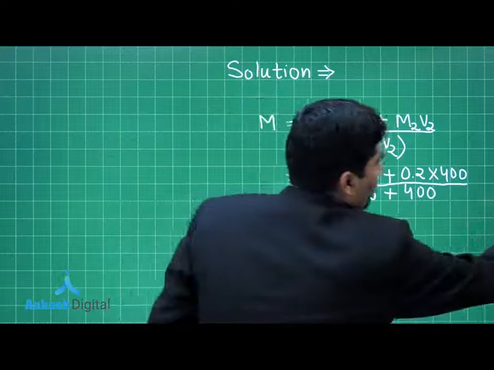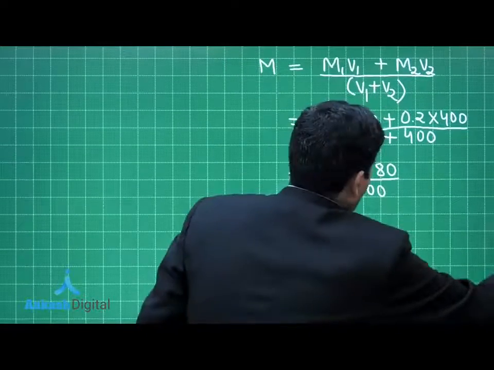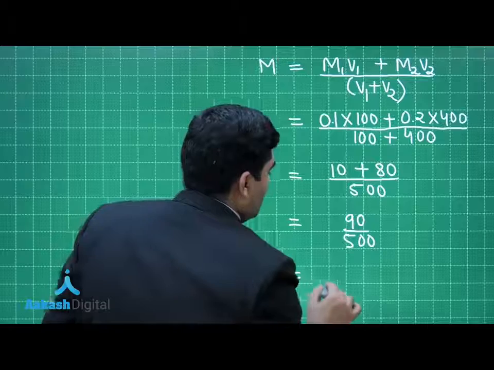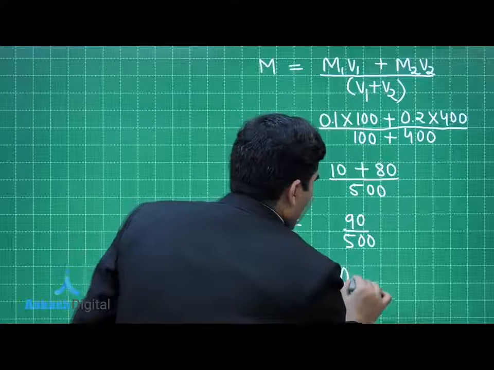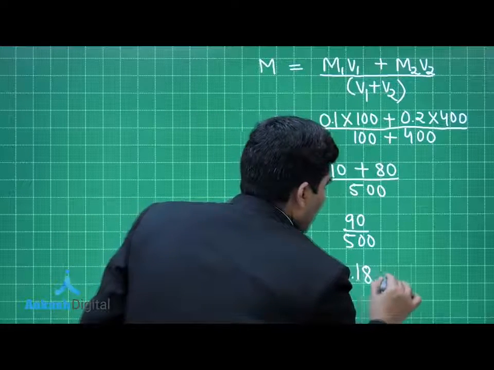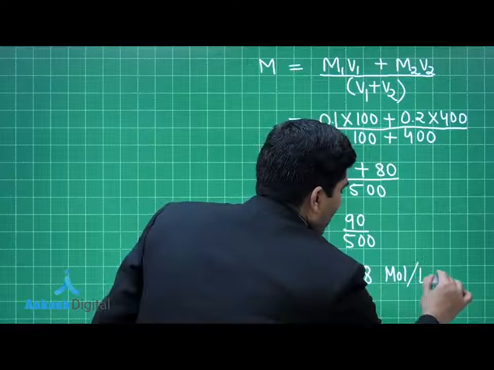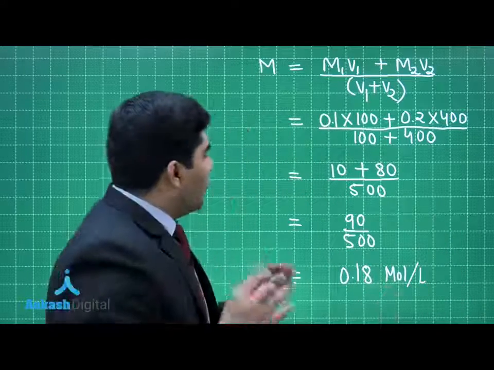Now, if we solve it further, we will get 0.18 moles per liter. So this is the final answer.